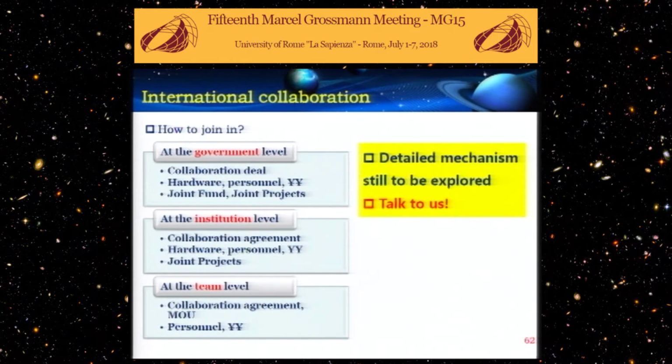The first is at the government level, such as the cooperation we already have with Russia. And also we want to have institution-level cooperation with some university or research institute. And we also welcome cooperation with colleagues, groups or individuals.